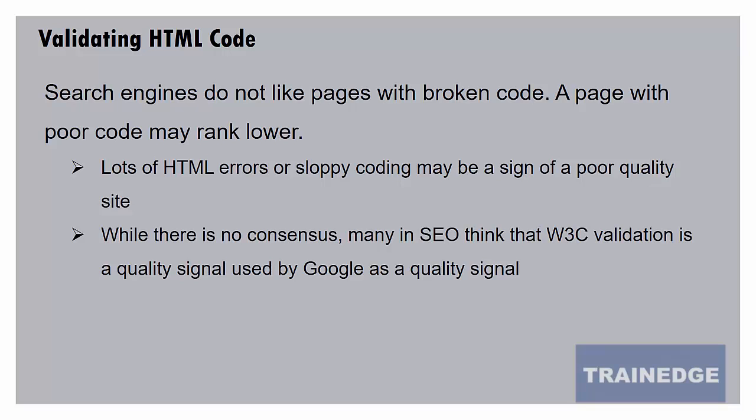If possible, use W3C validation to validate the code on the page to make sure the site HTML code is alright. Although there's no official confirmation from Google, many people think that Google uses W3C validation on the page to understand if the code is written properly and uses that as an SEO signal.